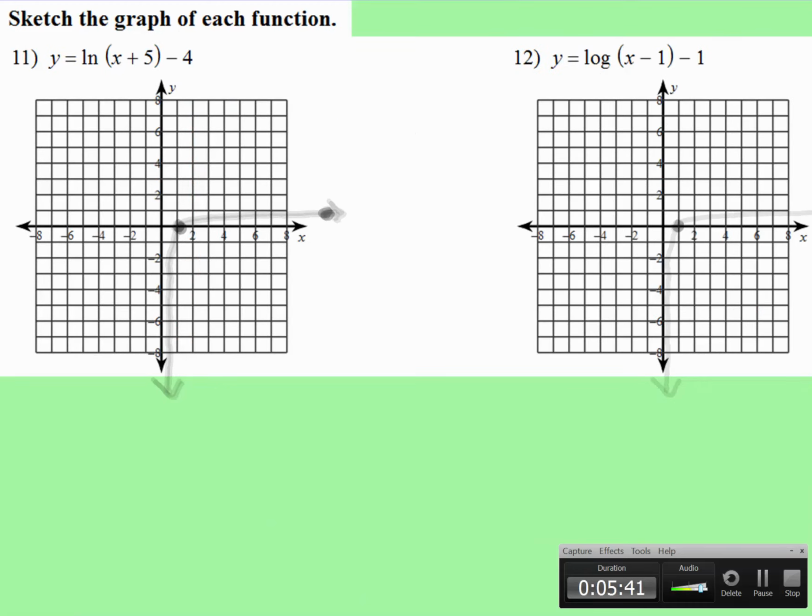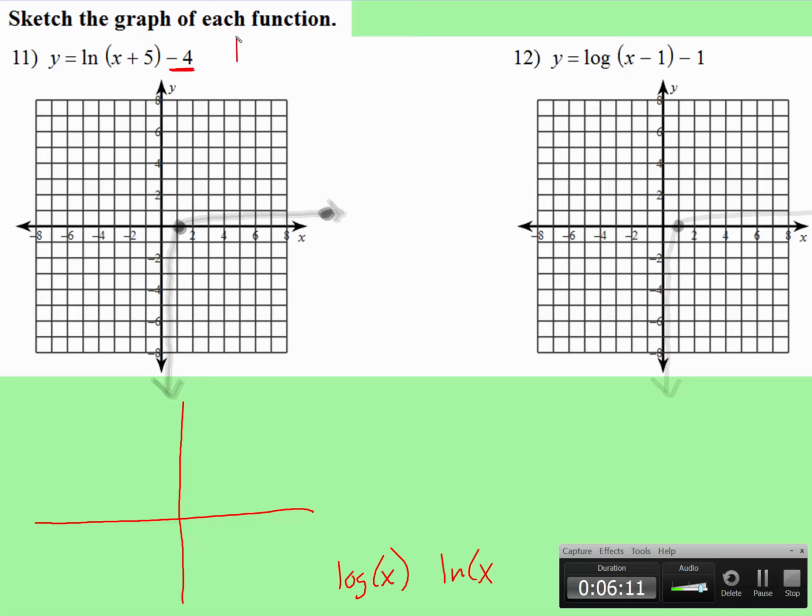All right, if you look at the parent graph, or if you type into Desmos log of x or ln of x, you'll see the parent graphs that I have up here on the screen. It's hard to see, but this gray area is the natural log graph. They vary a little bit, but not too much. You're going to do the shifts just like we were doing before.